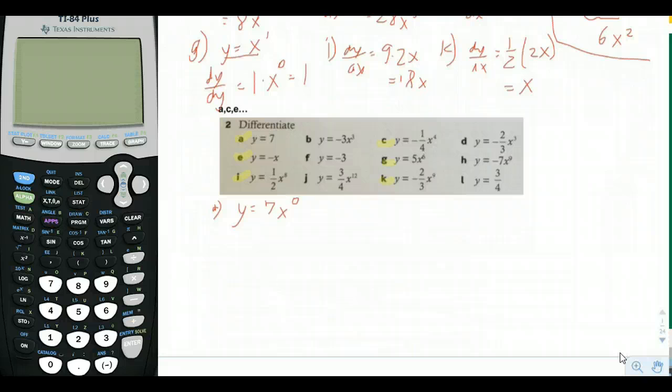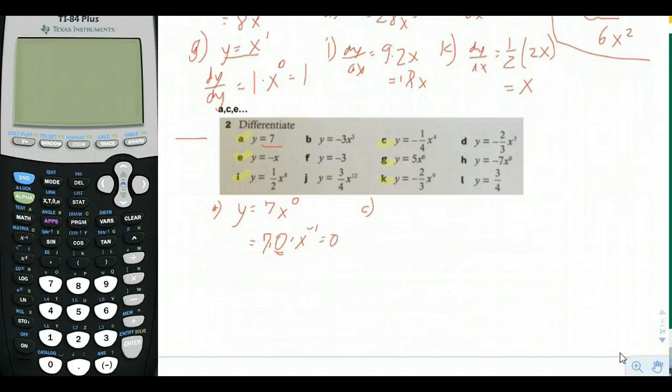So if I use the power rule and bring the 0 out front, I'm just going to get 0, because everything gets multiplied times the 0 and it disappears. Okay, so the derivative of a constant is always going to be 0. And that should make sense, because if you graph this line, it's a horizontal line. The gradient of a horizontal line is 0, so that makes sense that the derivative is 0.